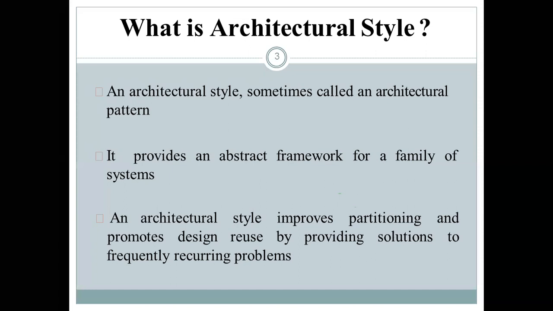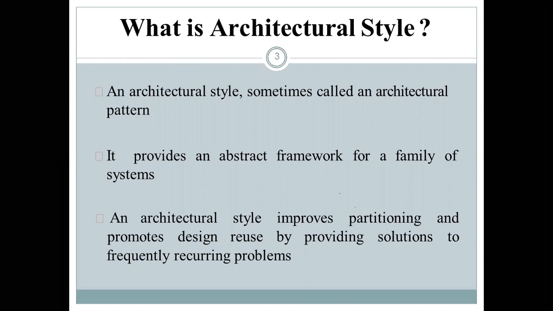An architectural style improves partitioning and promotes design reuse by providing solutions to frequently recurring problems. So it provides some partitioning techniques, or solutions using some design patterns, some architectural styles, some design reuse.